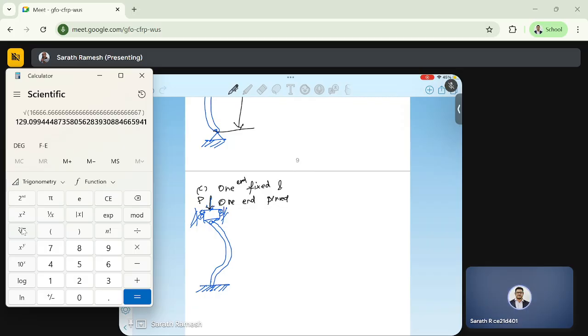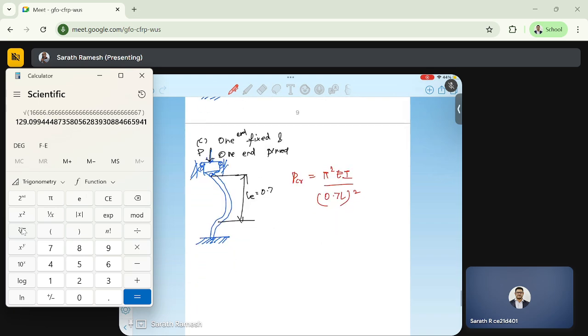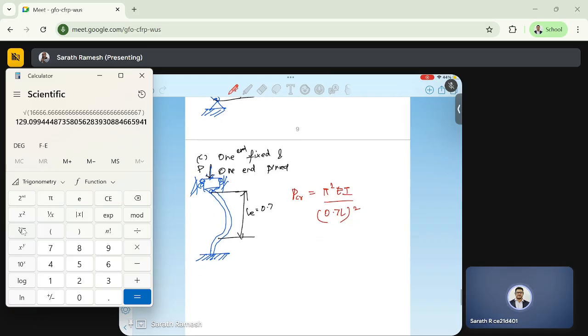Okay. Now here the effective length, we can derive this, we will have a moment also coming from the fixed support. So when we solve finally, we will end up in this formula of Euler's critical load. P critical is pi square EI by 0.7 L the whole square. Okay. So the effective length is 0.7 L here.